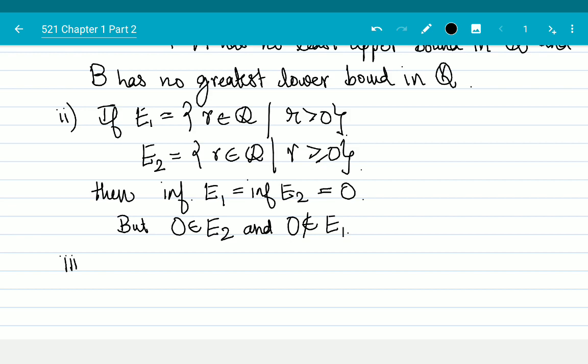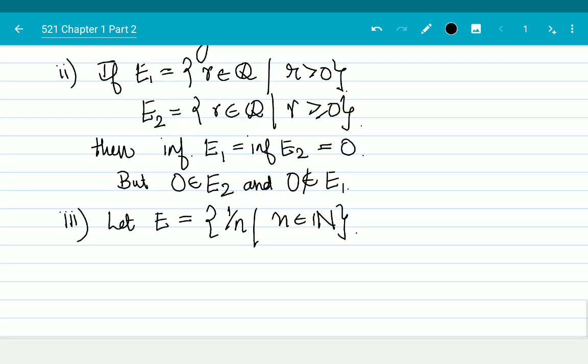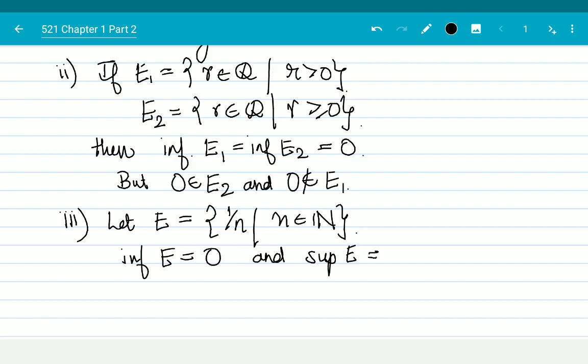You can also have that the supremum is in the set and the infimum is not. Let E be the set of 1 over n such that n belongs to the naturals. So it's going to be 1 half, 1/3, 1/4, 1/5, and so on. Then infimum of E is equal to 0, and supremum of E is going to be 1.